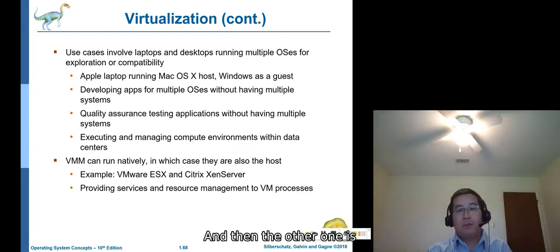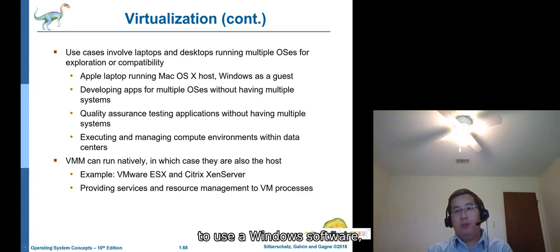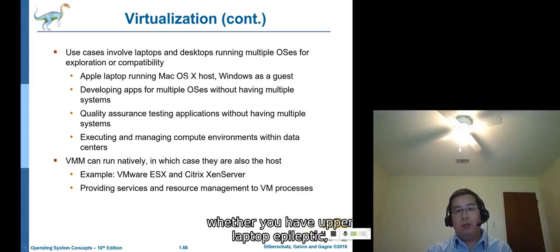Okay. And the other one is that you just want to explore. For example, this happens very often: maybe you want to use Windows software, but you have an Apple laptop which has Mac OS 10 installed. Okay.